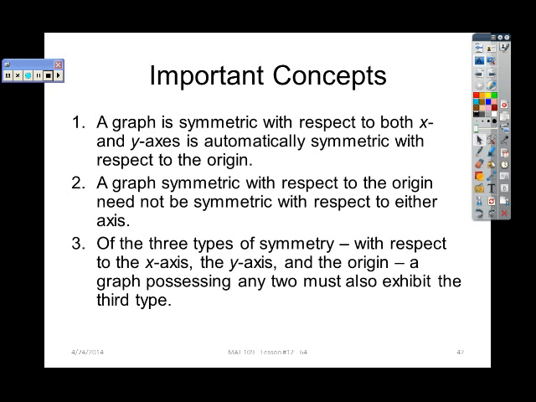We saw that on the cube. It was symmetric with respect to the origin, but not symmetric with respect to either axis. But if you have symmetry with x and symmetry with the origin, it must be symmetric with y then. Any combination of two forces the third one, but one doesn't force the other two.